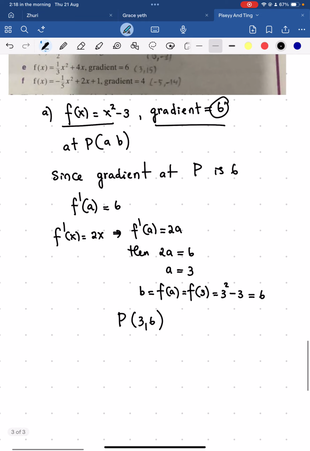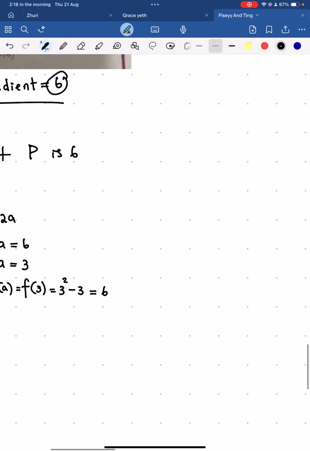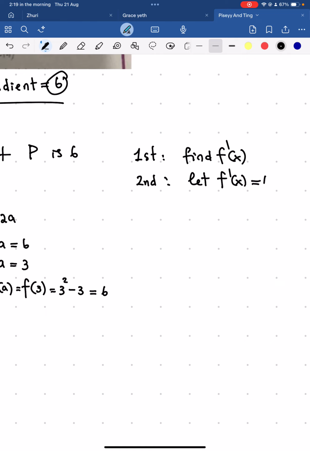So let me tell you the steps. Step 1: we find f prime of x. Second, let f prime of x equal 6.